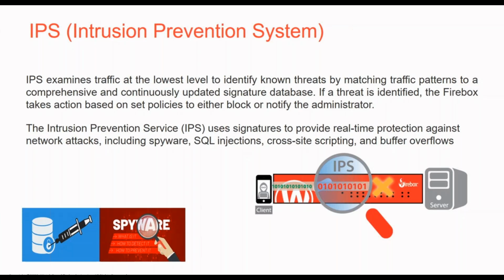If there is a threat, the Firebox takes an action based on the policies, either blocking or notifying the administrator. IPS uses signatures and protects you against network attacks, which we defined earlier, including spyware, SQL injections, cross-site scripting, and buffer overflows.